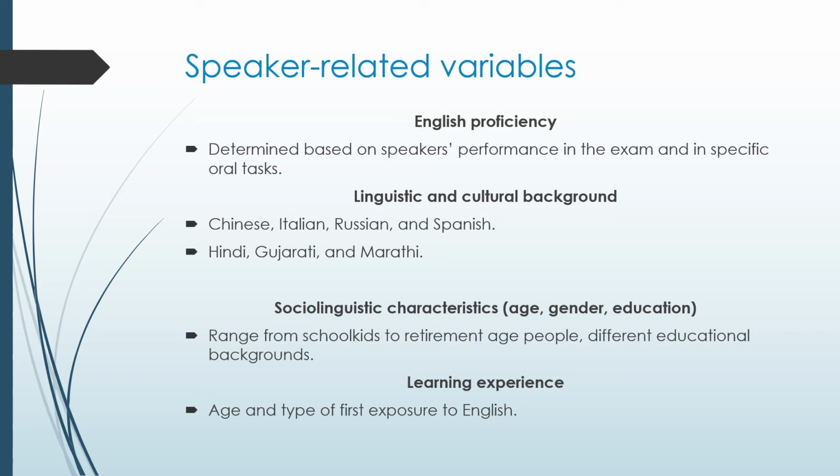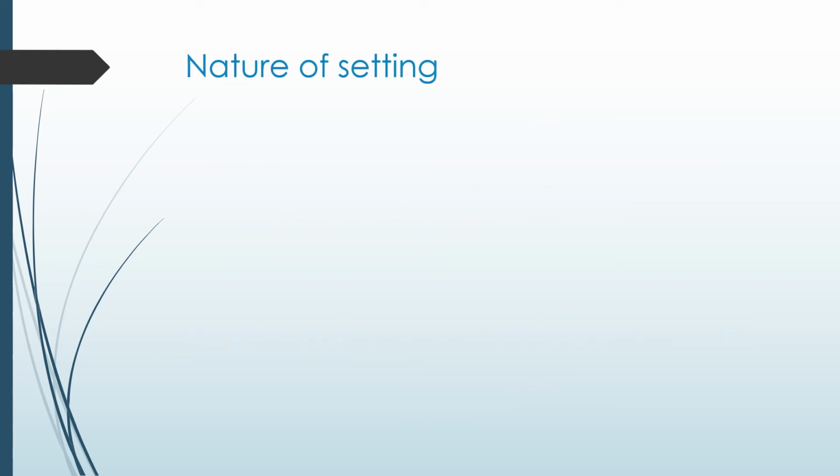More specifically, the age when the speakers were primarily exposed to English, and the type of their exposure. So what courses they took, whether they used it at home or somewhere else, whether they traveled or not. So as you can see, there are a lot of variables that were taken into account.